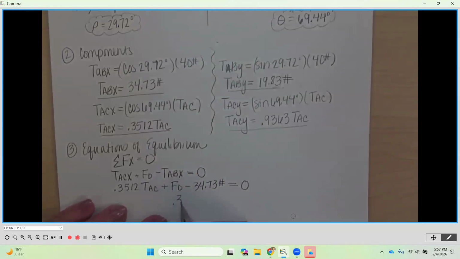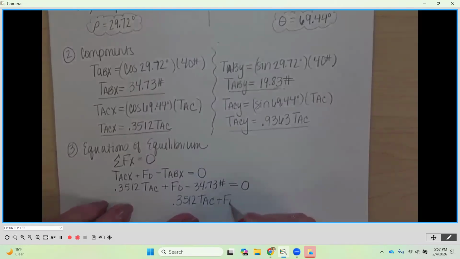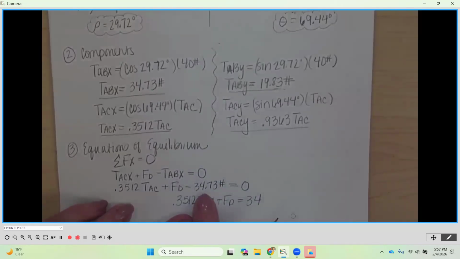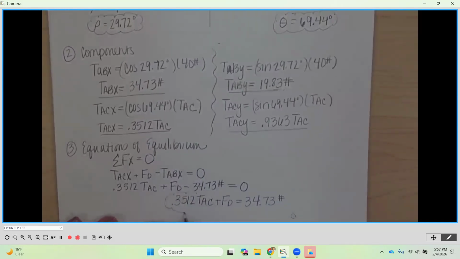So I'm going to write this 0.3512 TAC plus FD is equal to, it's negative 34.73 on this side, so when it goes to the other side, it becomes positive 34.73 pounds. And this is where we have to leave it because we have two unknowns in this one equation. We can't go any further.